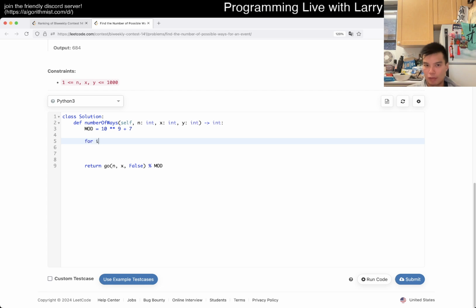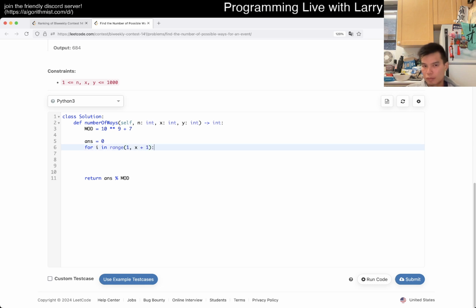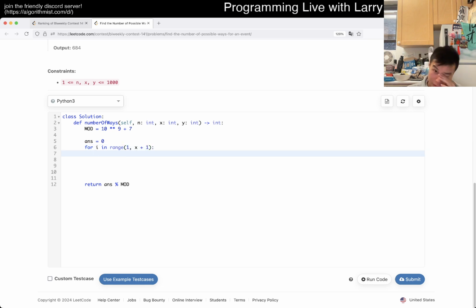So then now we have for I in range of X. Let's just write out what I can and then we'll figure it out. Right, and then now it is X choose I for the number of stages. Permutation. Yeah. X choose I.